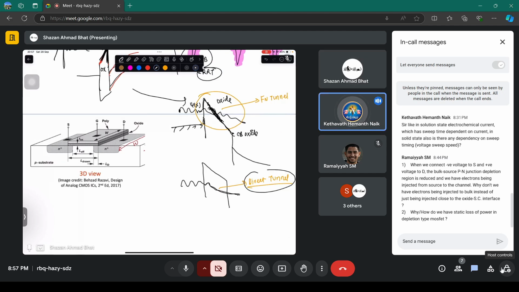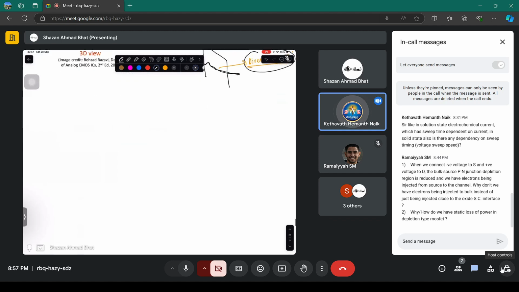What is NDR effect? Negative differential resistance. One peak will come, the current falls down, and again the current rises normally.